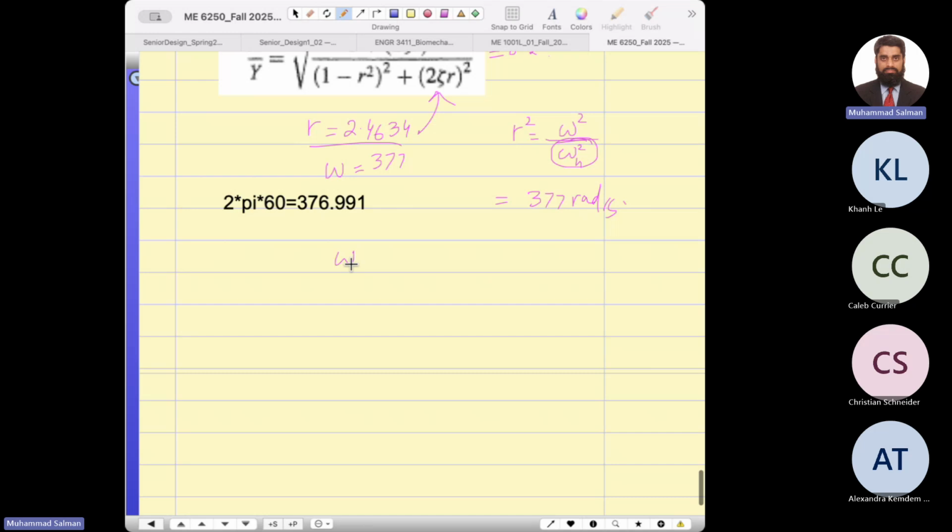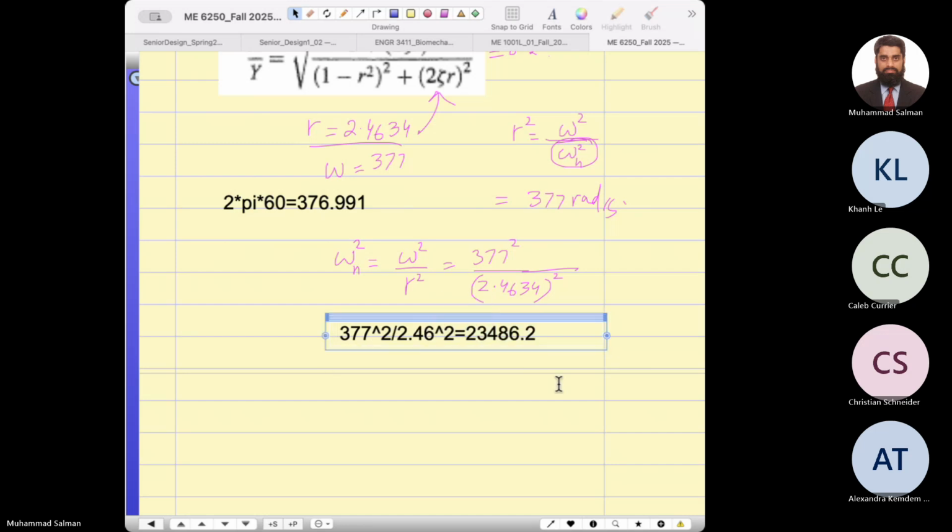Let me write down here, omega n squared is equal to omega squared over R squared. So this is my scale of the natural frequency.